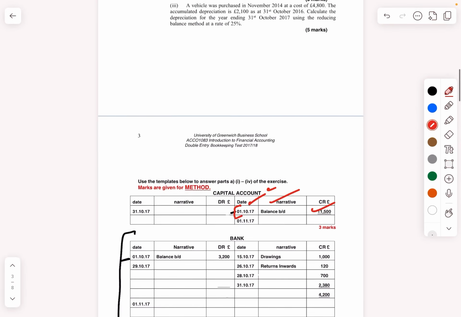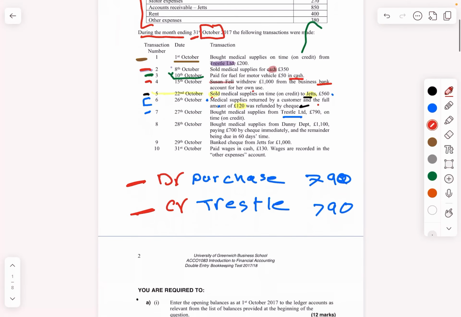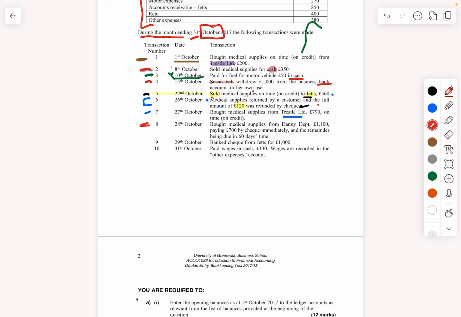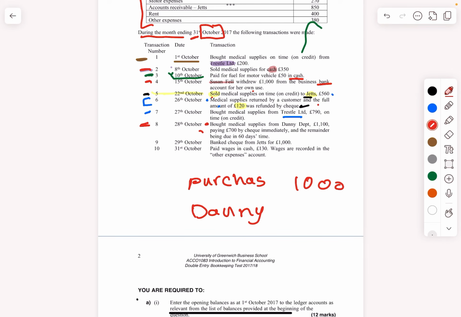Is that clear, guys? Okay, now we have the last three. Number 8, bought medical. Bought means purchase, 1000 from Danny. Okay, but they said we didn't pay it all.